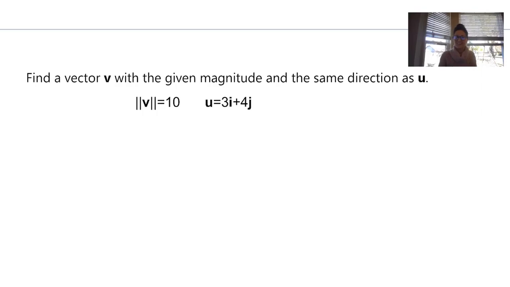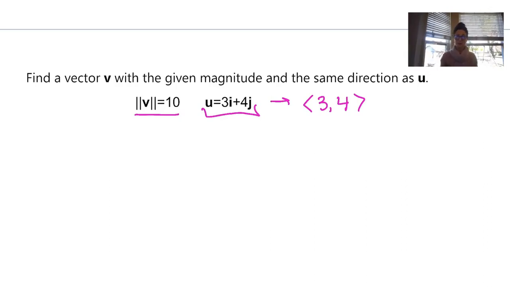All right, so continuing on with that previous example, if we want to find a vector v with the given magnitude, which is 10, in the same direction as u, then what could we do? Now, keep in mind, this is in linear combination form, so this is also known in component form as ⟨3, 4⟩, which was that vector we were looking at earlier in the warm-up.